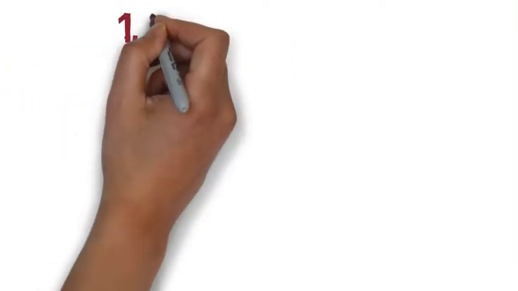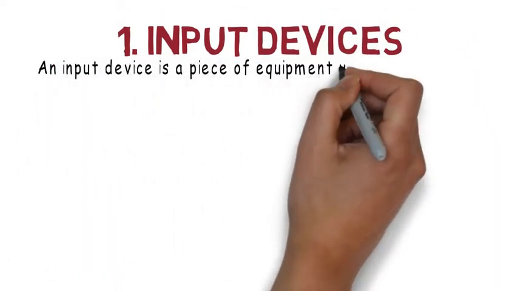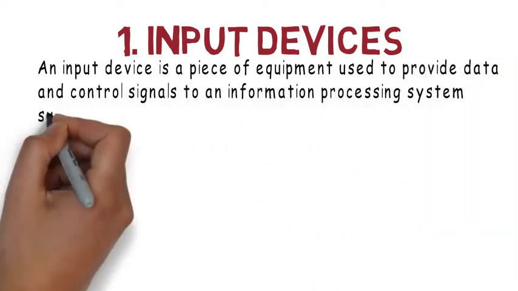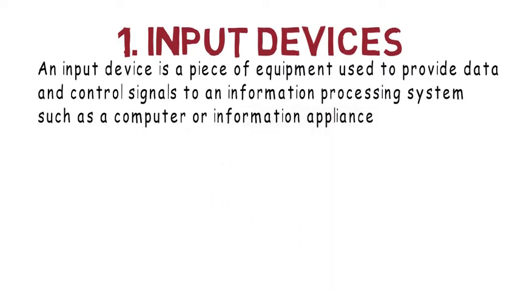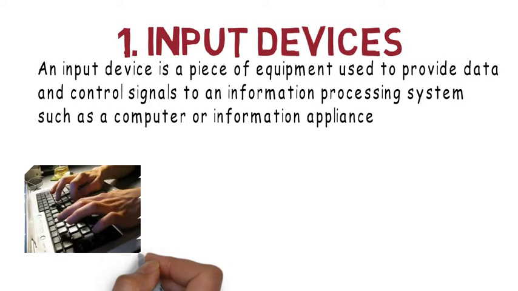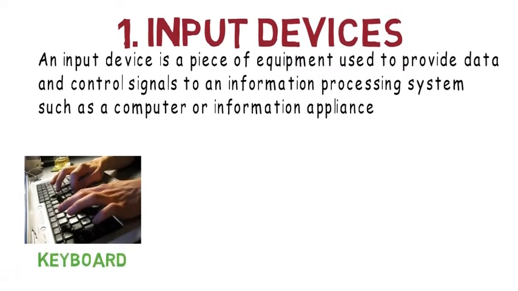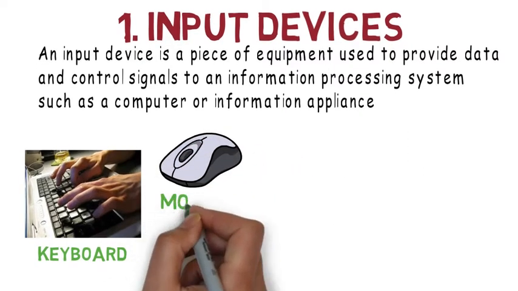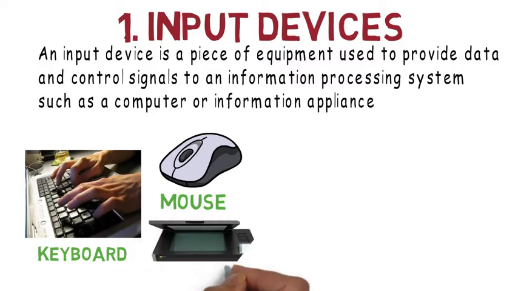Input devices. These are devices that are used to input data into the CPU of a computer for processing. Examples of input devices include a keyboard, a mouse, and what is known as a scanner.